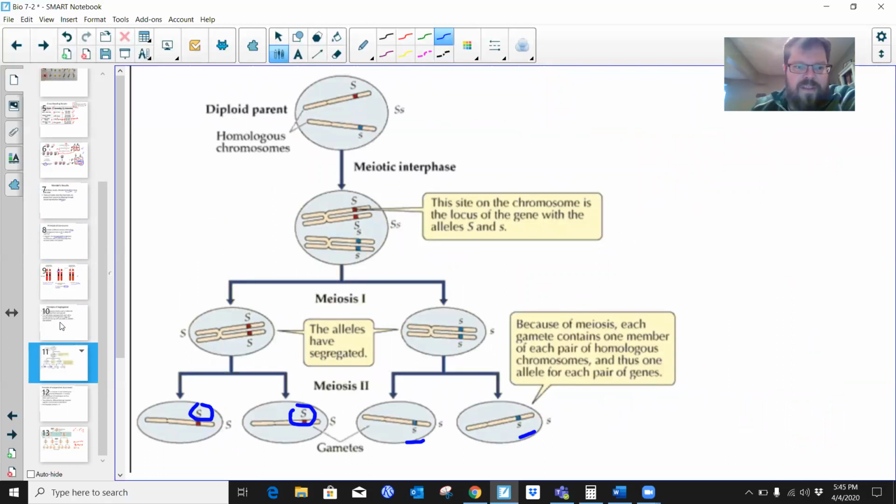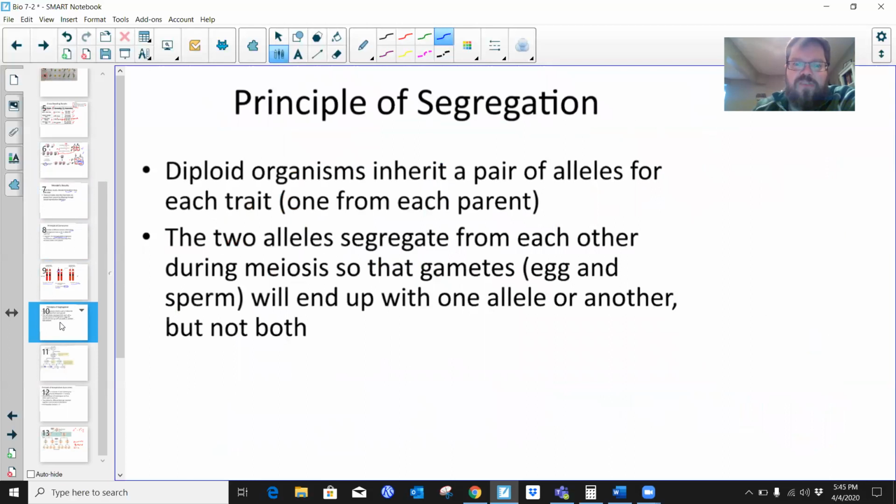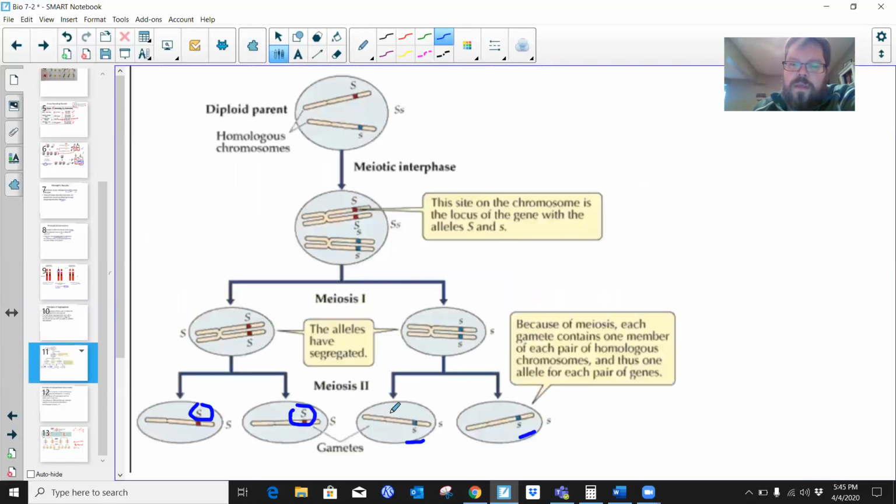All right, so that is the principle of segregation. Just the idea that when two alleles segregate during meiosis, they will only end up with one allele or another, but not both. And there are situations, and we'll talk about some of these genetic disorders, where in the process of meiosis, if segregation doesn't take place correctly, the result can be inconsistent division of chromosomes.